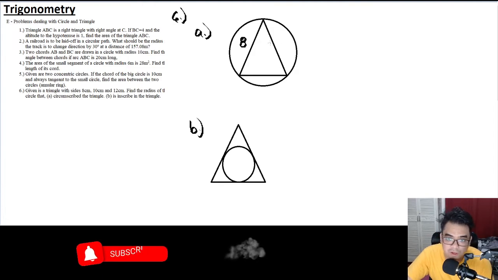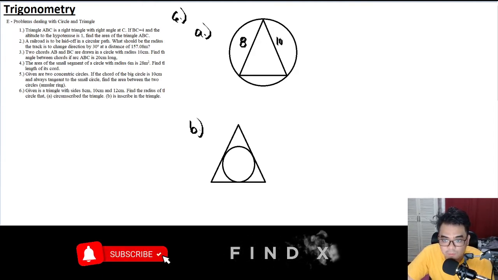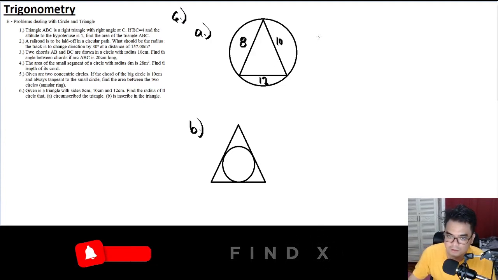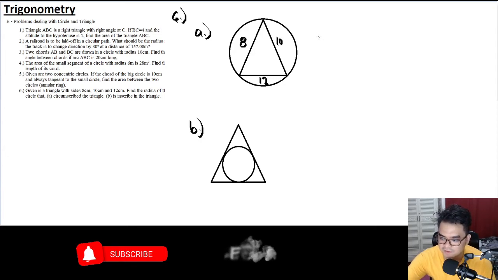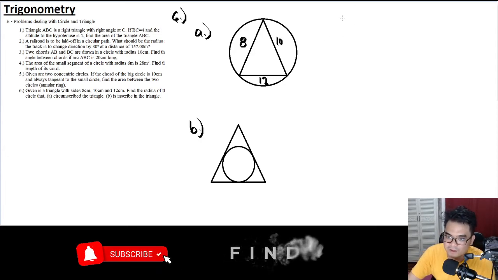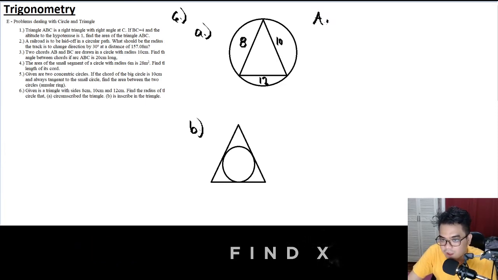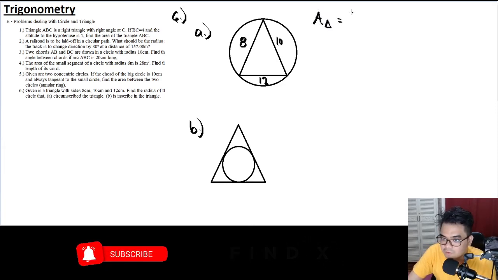So we got here 8. I won't write the units anymore. So we have 10 and then 12. If the triangle is inside the circle, the formula is that the area of the triangle is equal to ABC over 4R.